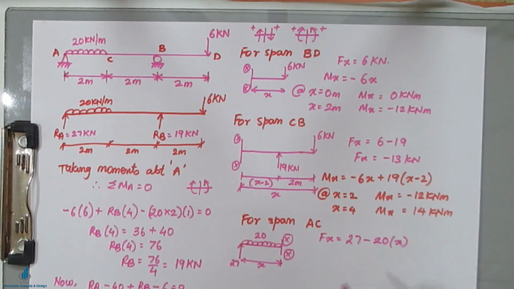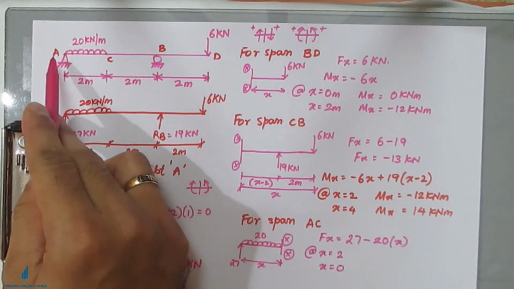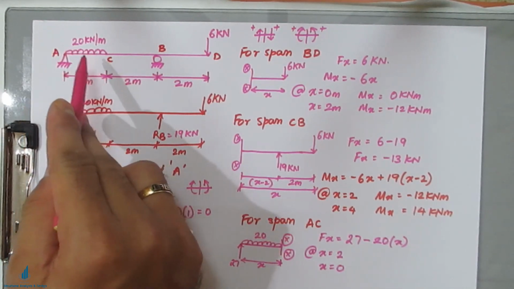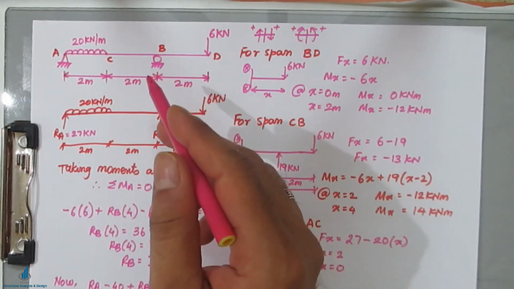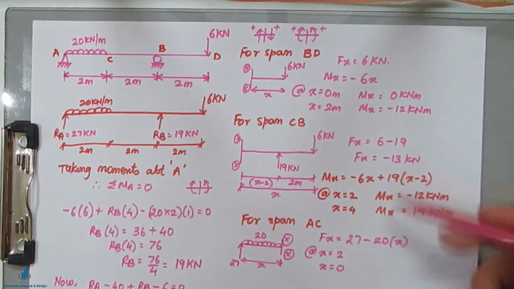Now you have two values, at x equal to 2 and x equal to 0. This span starts at 0 and ends at 2. Why are we taking 2 first? Because it will be easy to compare these values.